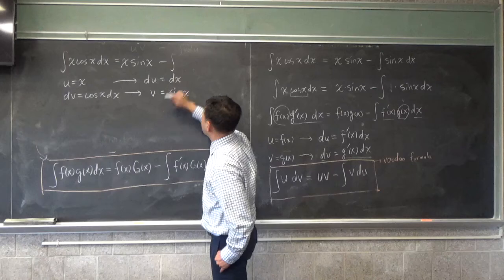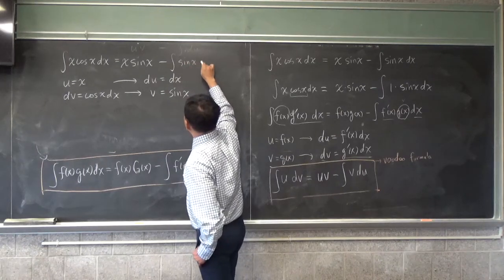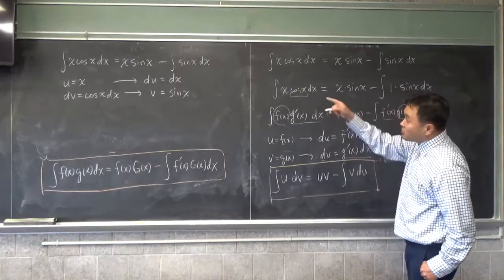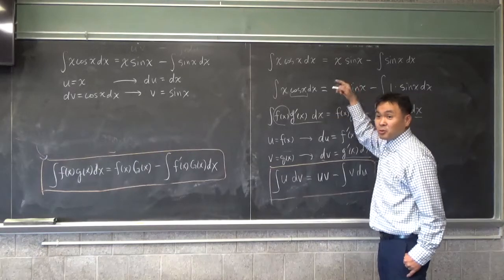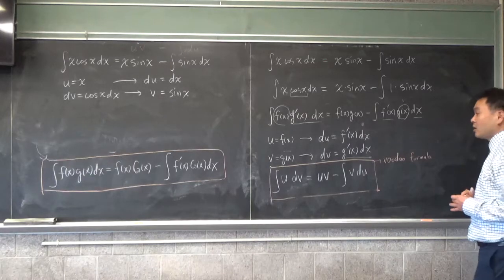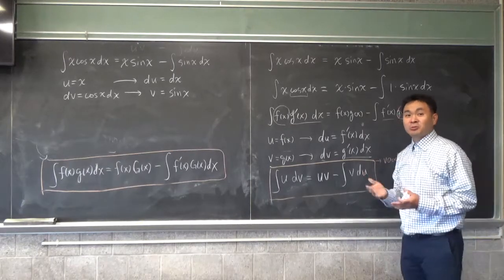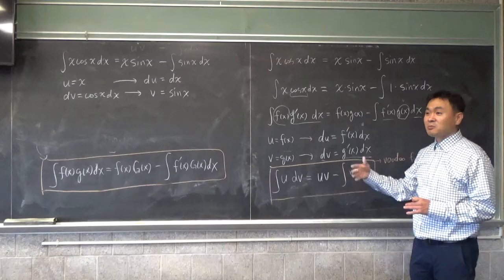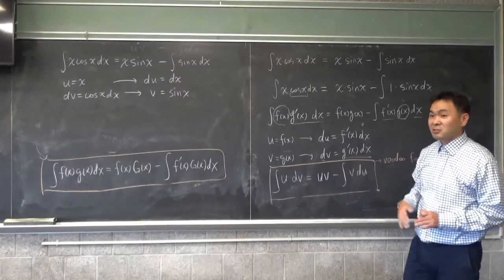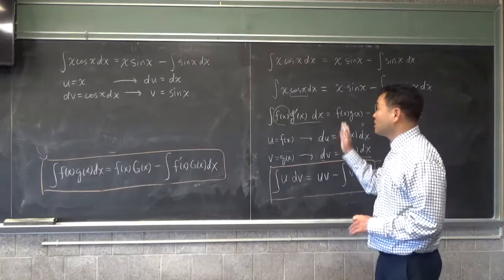V times du, so it's sine x dx. And you can see that this is exactly this one, right? So both of the formulations are exactly the same. You just have to pick your choice. It doesn't matter which one you pick, you will get the same answer. Just pick the one that you're more comfortable with, and then you get the answer.